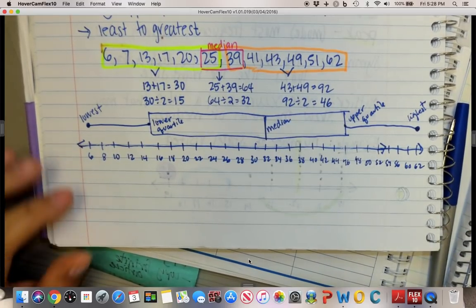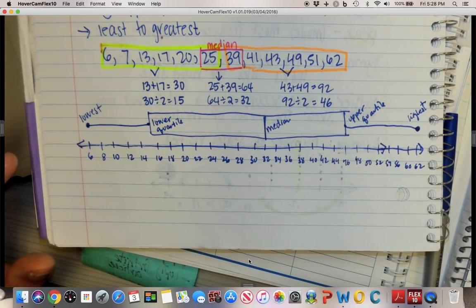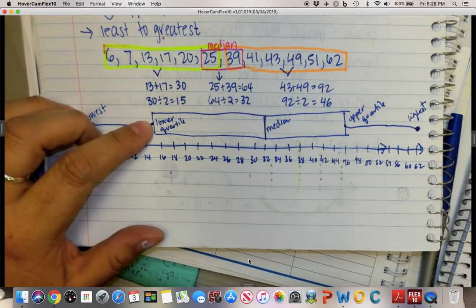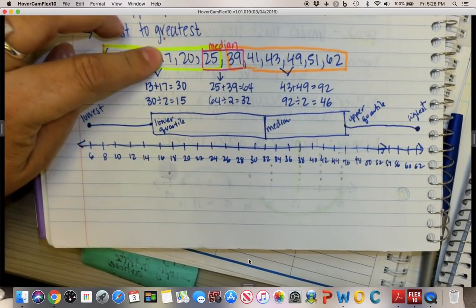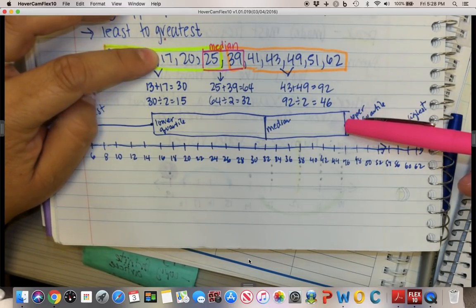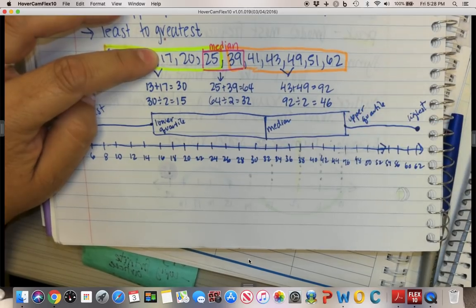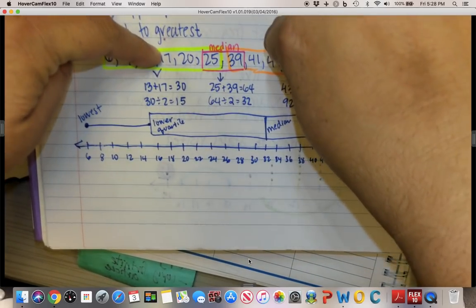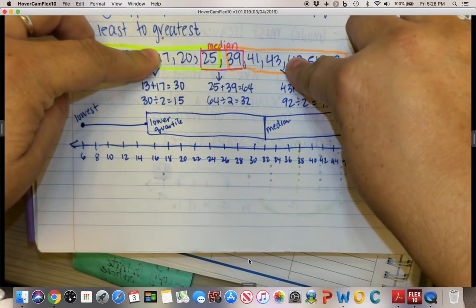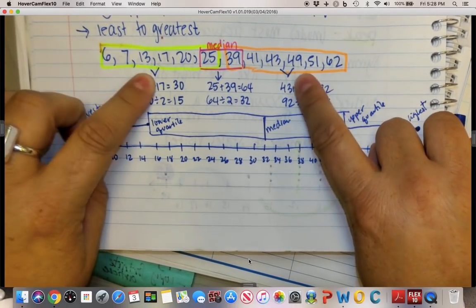And we can look at our numbers and see that between 15 and 46 is where the majority of our data is. Look at the most numbers are in here. Then we have these other guys over here.